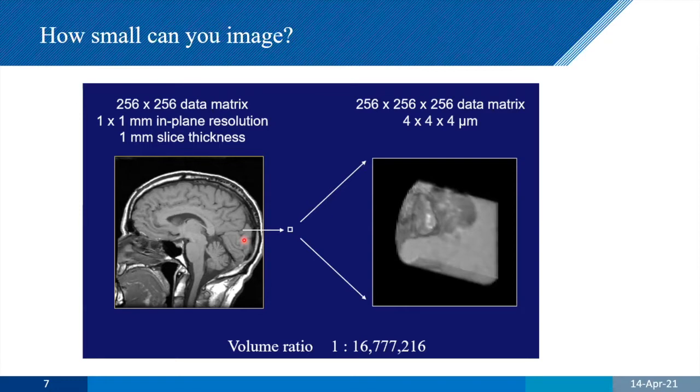And if you want to go down to 4 by 4 by 4 microns, that means our scale is 256 by 256 by 256. So our volume that we're trying to interrogate now is 16 million times less. And if you work out what that is in signal to noise, and then corresponding to time, right, you get an enormous amount of time that it would take without increasing the sensitivity.